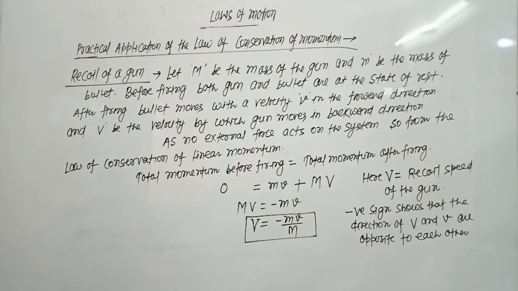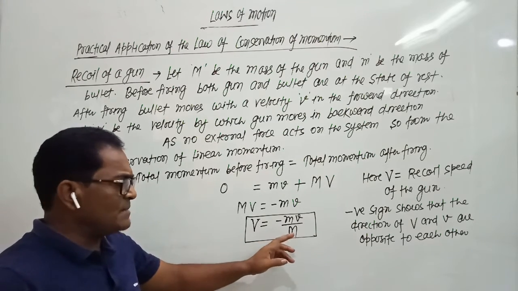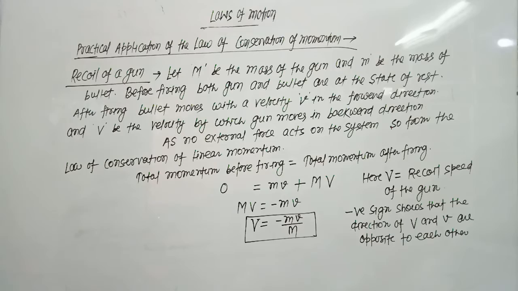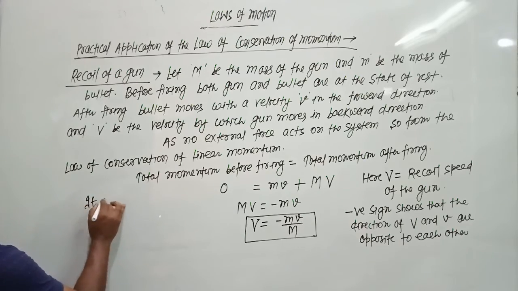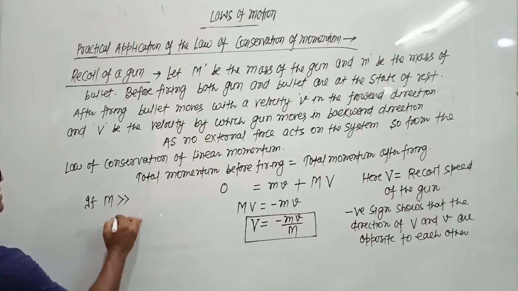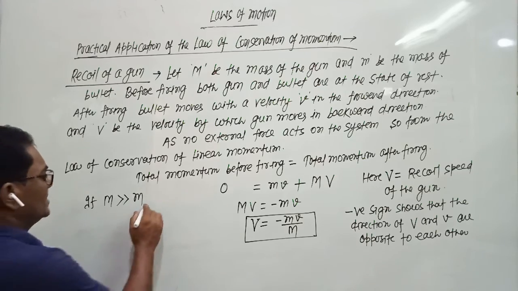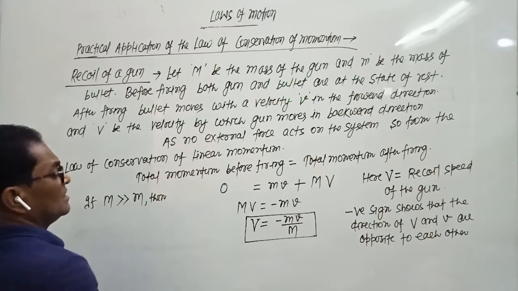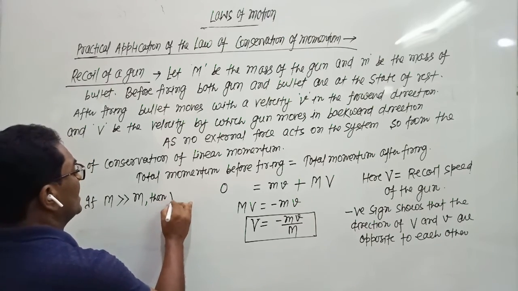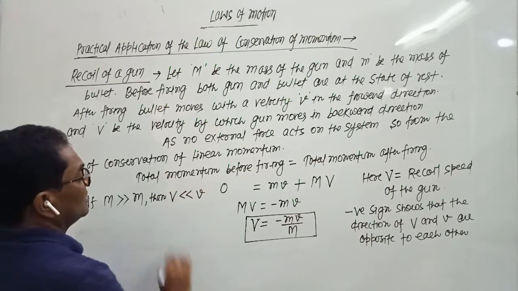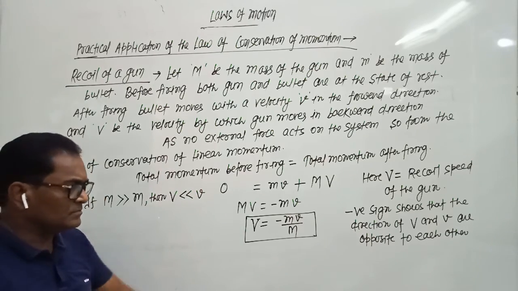And if capital M is much greater than small m, meaning the mass of the gun is much greater than the mass of the bullet, then the recoil speed of the gun would be much less than the speed of the bullet.